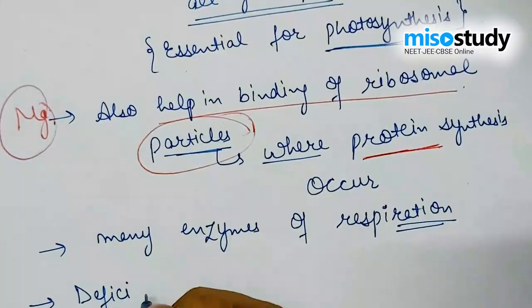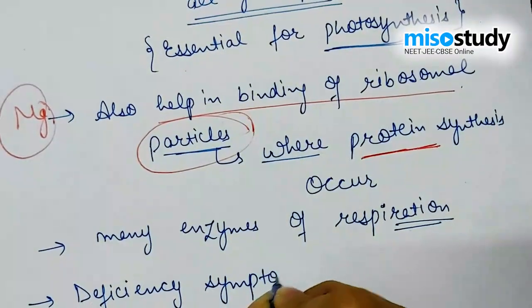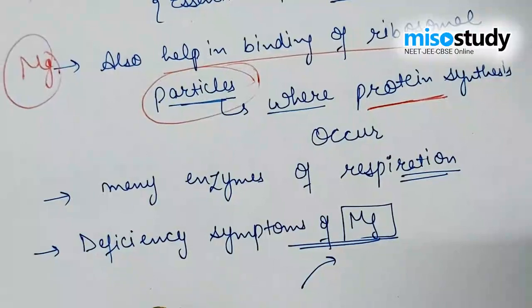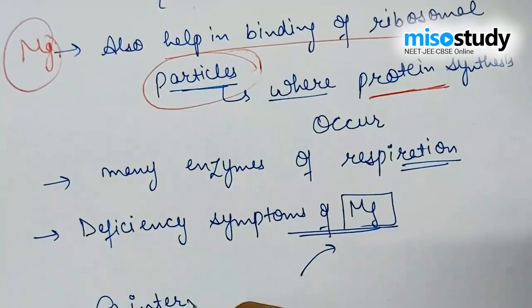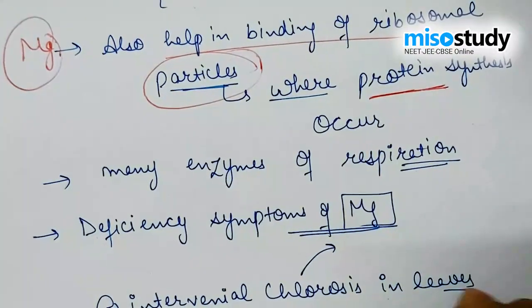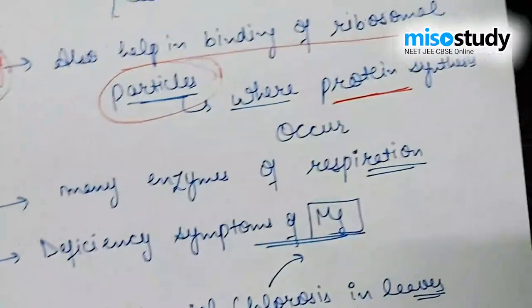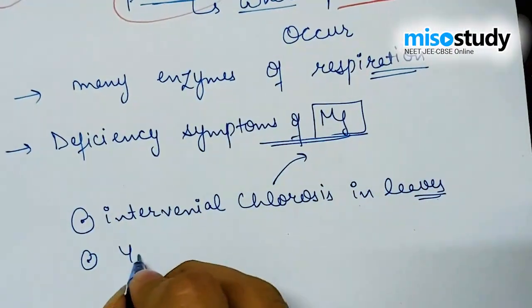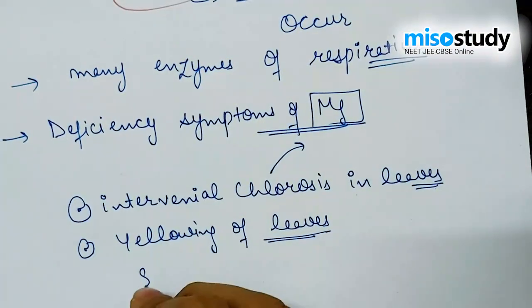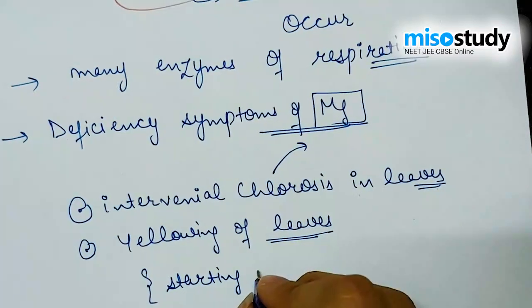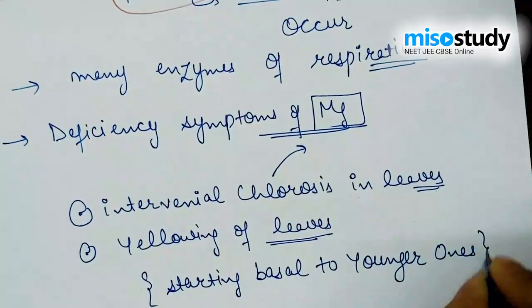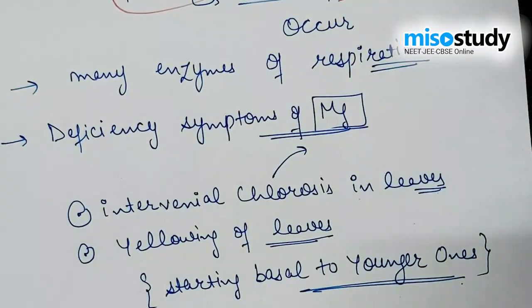When we discuss the deficiency symptoms of magnesium, they generally include, first, intervenal chlorosis in leaves, and next, yellowing of leaves starting from the basal to the younger ones, or we can say from the older to the younger ones.